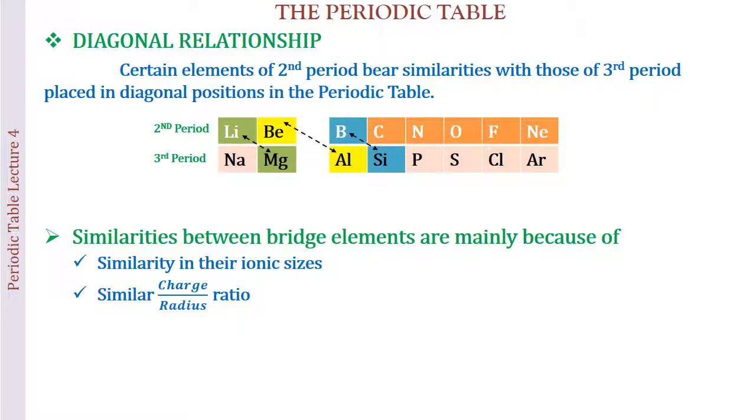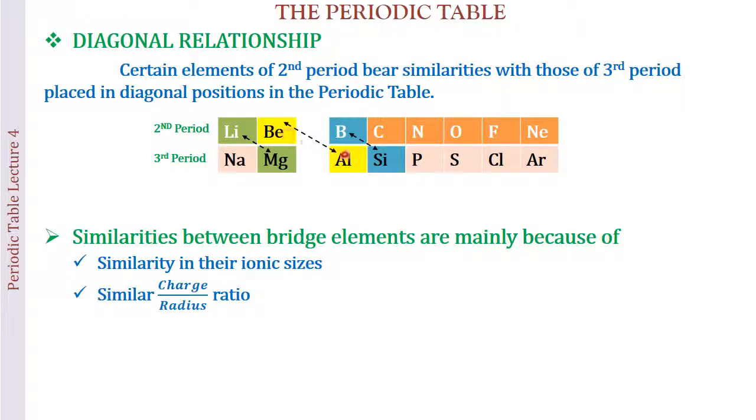Now the last thing left before I finish this lecture is a diagonal relationship that is seen between certain elements of the 2nd period and those of the 3rd period. So these elements which are diagonally placed, like lithium in the 2nd period and magnesium in the 3rd period, are quite similar to each other.